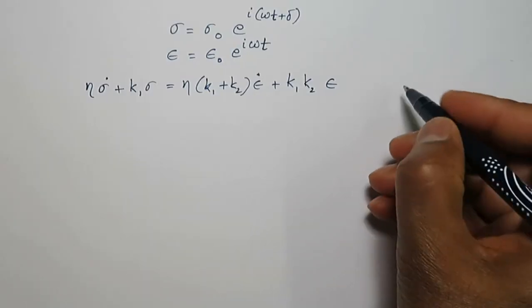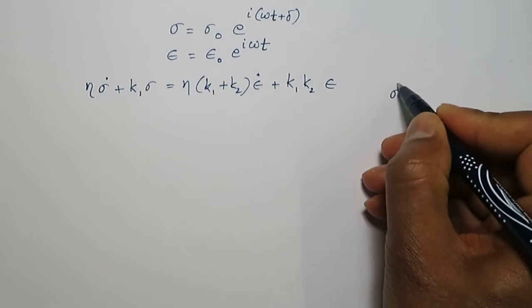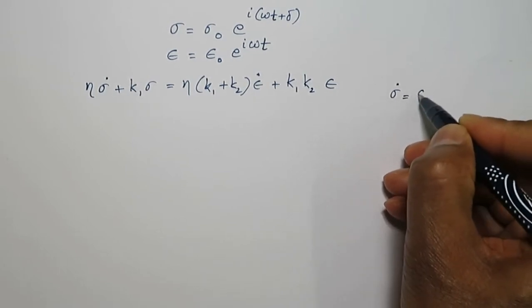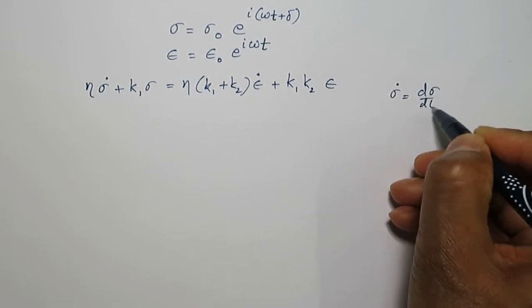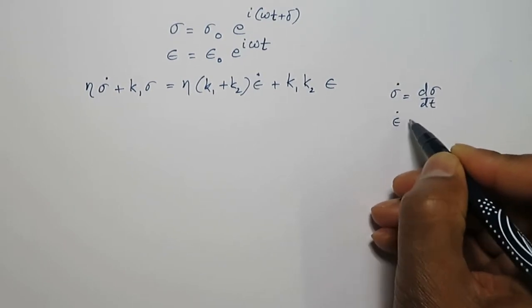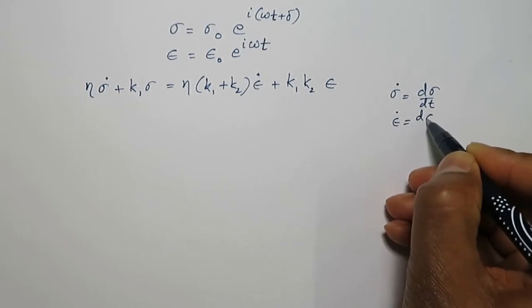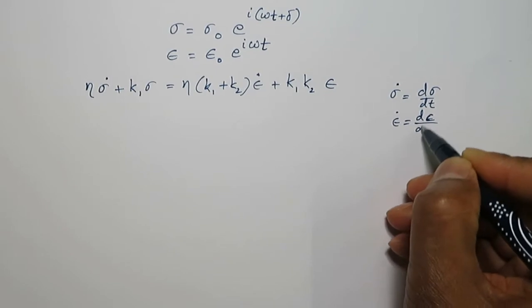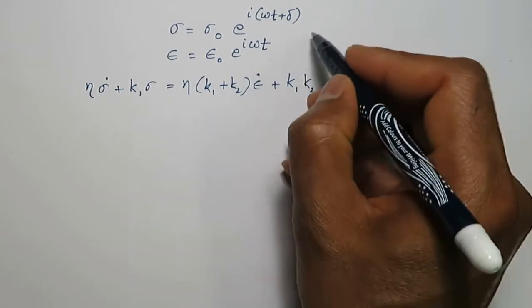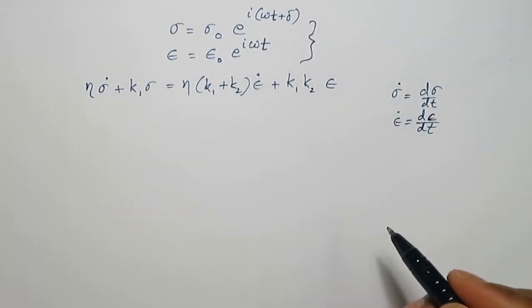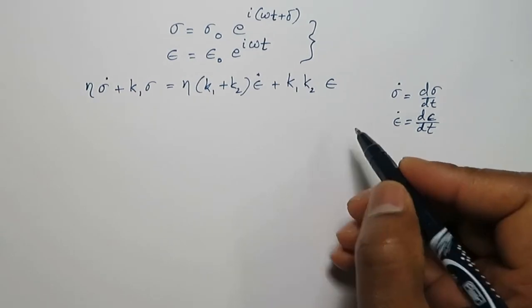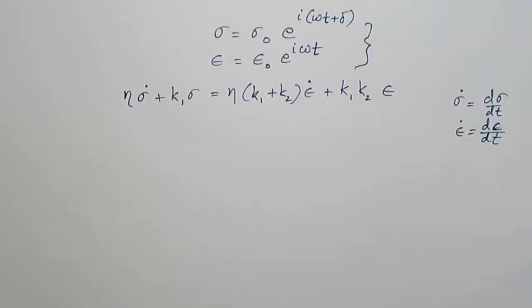As we have learned before, sigma dot means d sigma over dt, and epsilon dot is d epsilon over dt.